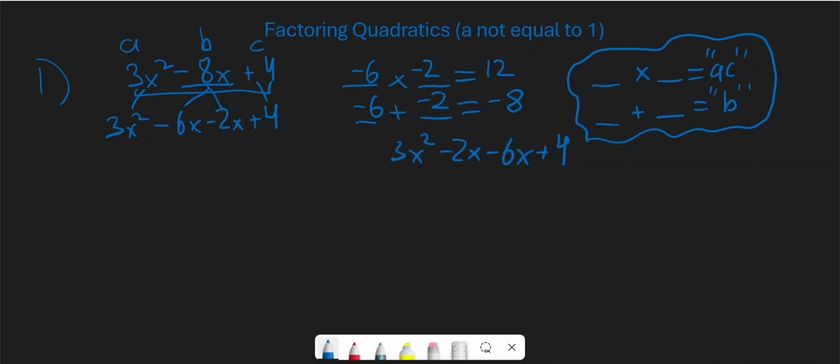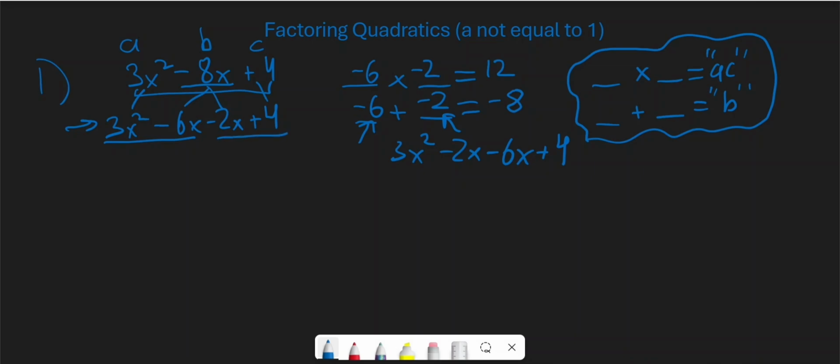So this number, 6, is compatible with the ax squared term, and the negative 2 is compatible with the c term. Both ways should work, but the way I have it here works out better because these two terms have a common factor of 3, and these two terms have a common factor of 2.